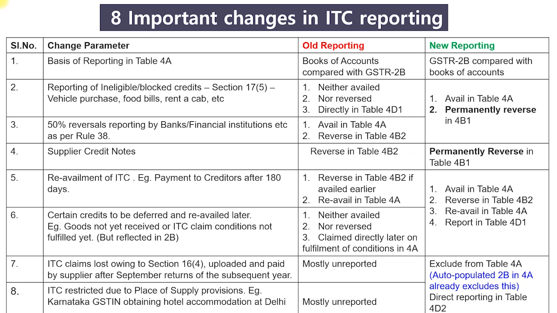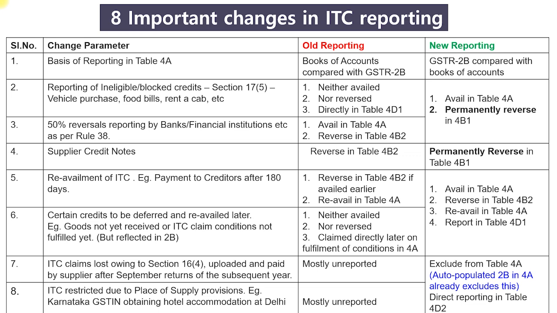Similarly, with respect to credits pertaining to goods not yet received, certain credits were deferred and reavailed later. Like, I'm not sure whether I'm eligible for that, whether conditions have been fulfilled or not. Whenever such transactions existed, businesses were probably analyzing them and then taking a call on availing.